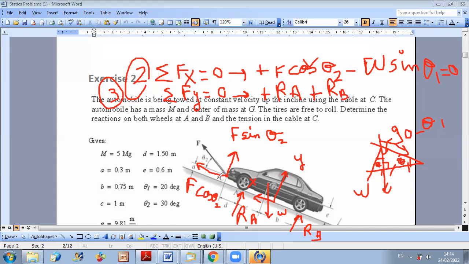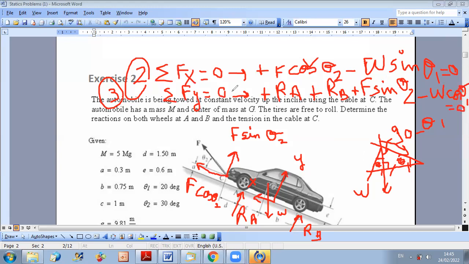Don't forget the projection of f, which is plus f sine theta 2. And you also have minus the projection of weight on y, which is W cosine theta 1, so minus W cosine theta 1 equals 0.